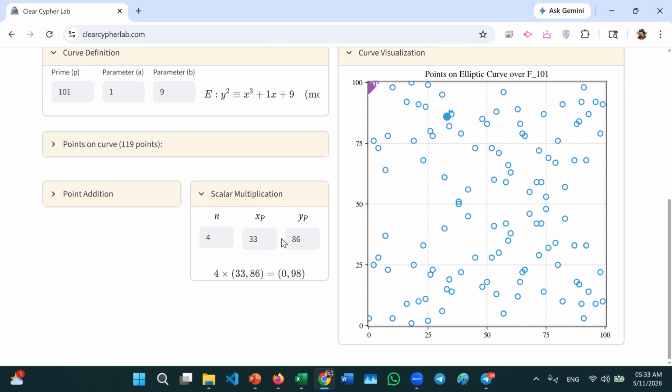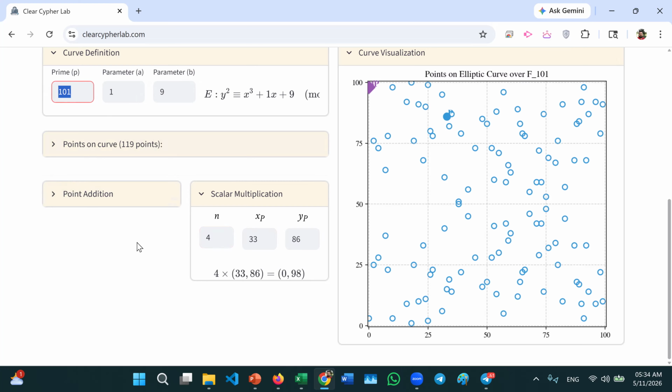So I'm going to consider this as point Q, and then I'm going to give you the value of (33, 86), and also (0, 89). So finding n, which equals 4, is impossible for you by knowing just point P and the result of n times point P, unless the value of the prime is small, right?